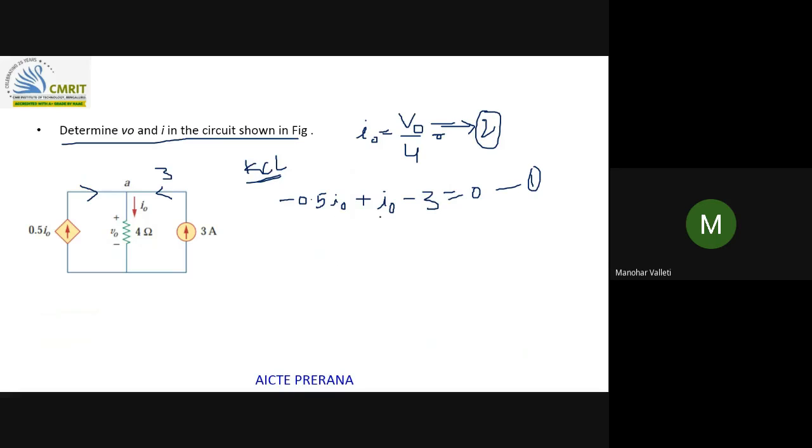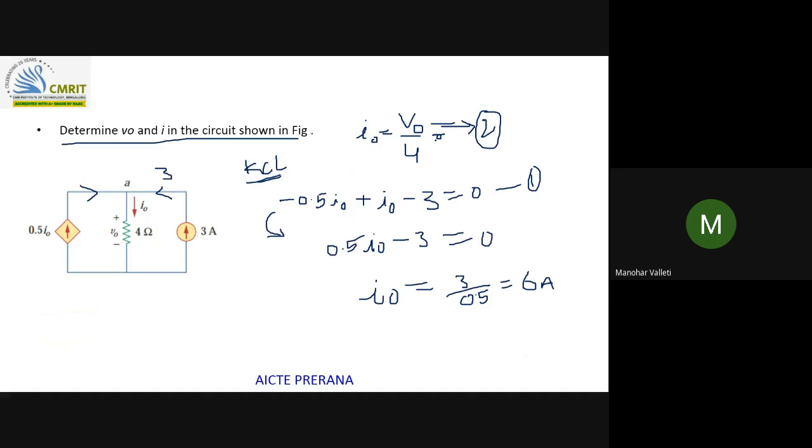So if you solve the equation 1, how much you got? Plus 0.5 I naught minus 3 equal to 0. So I naught equal to 3 divided by 0.5, which is 6 amps, right?